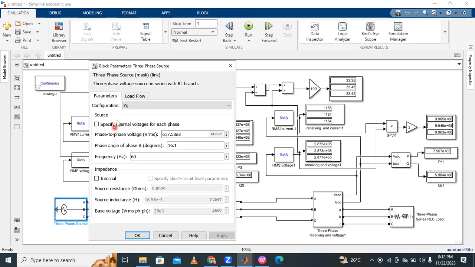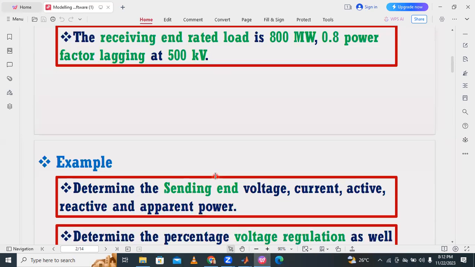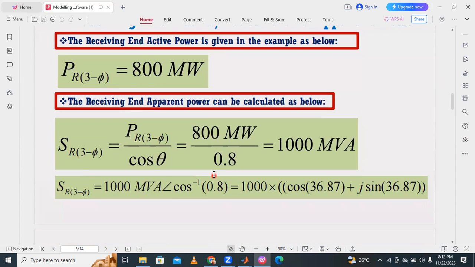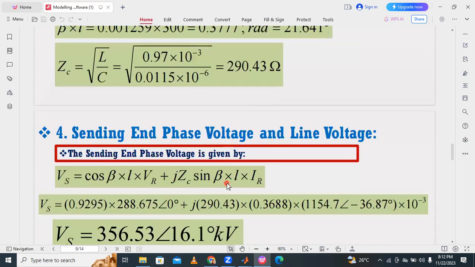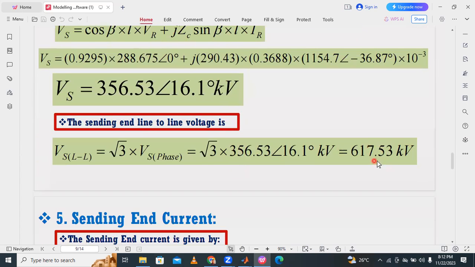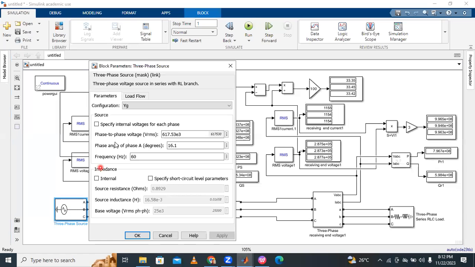In this problem, the phase to phase voltage is 617.53 kilovolts, from the example problem. This is the sending end side voltage, 617.53 kilovolts VS. And the phase angle of phase A in degrees is 16.1.